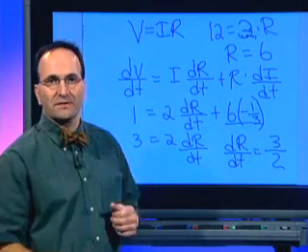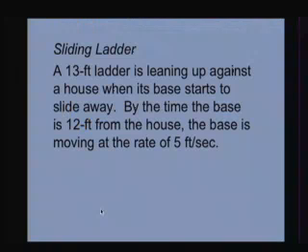Let's try another example. A sliding ladder problem. A 13-foot ladder is leaning up against a house when its base starts to slide away. By the time the base is 12 feet from the house, the base is moving at a rate of 5 feet per second.